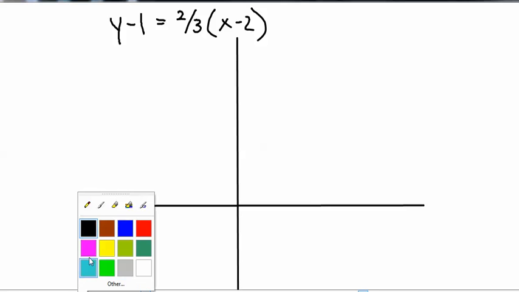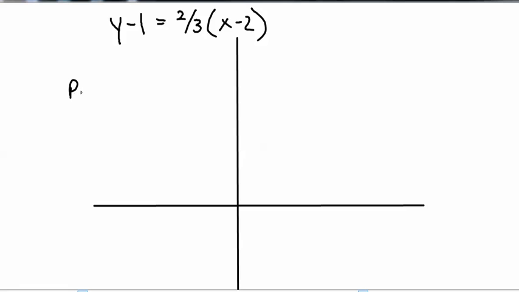Let's identify our point on this. What's our point on this line? We just did it in like a table form. What's our point that's on this line? 2, 1, right? What's our slope? Very good, 2/3.